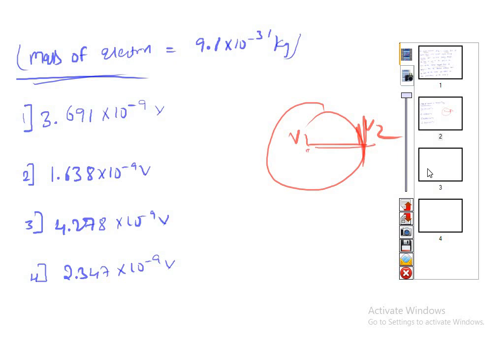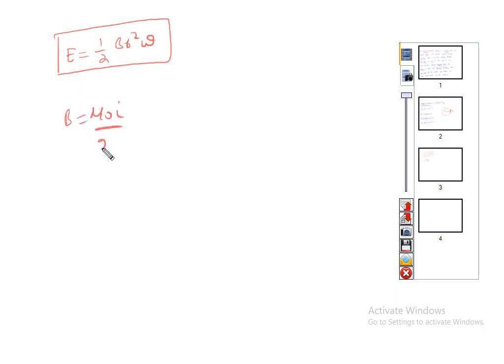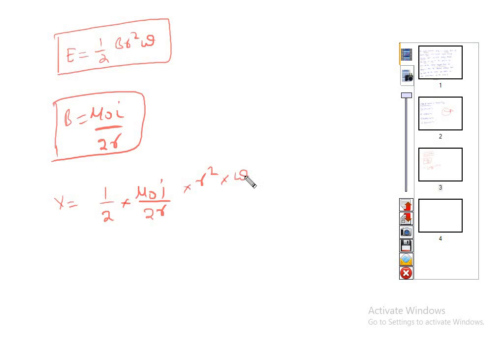So let's get started. Just now we have seen the electric field due to the center is E = (1/2) B R omega, and we have derived this formula. B is equal to mu naught I by 2R, right? So we substitute this B, and one R gets cancelled.